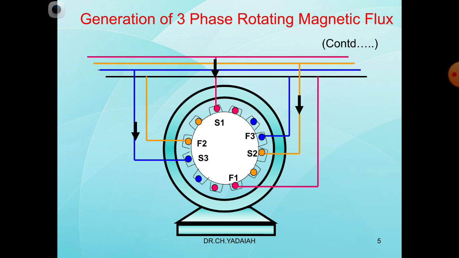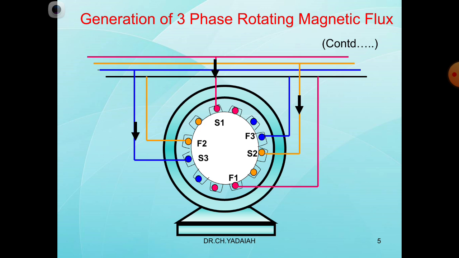Then what will happen? Each has its own winding, but it is distributed in the stator. For analysis purposes, this is the given figure. Now you can see that whenever input power is given to this winding, the R phase will draw current from the supply.